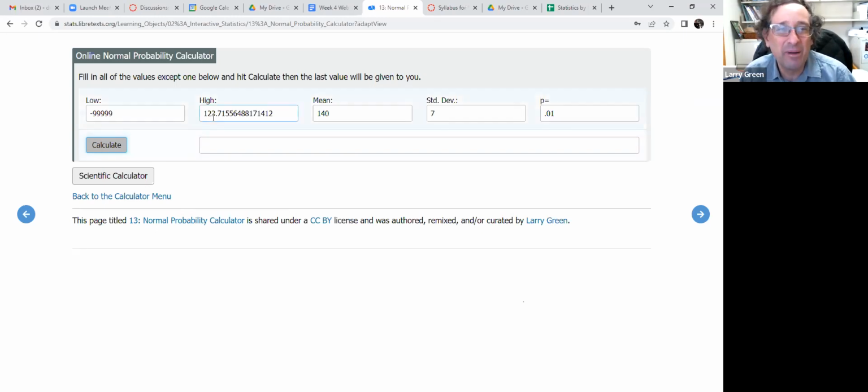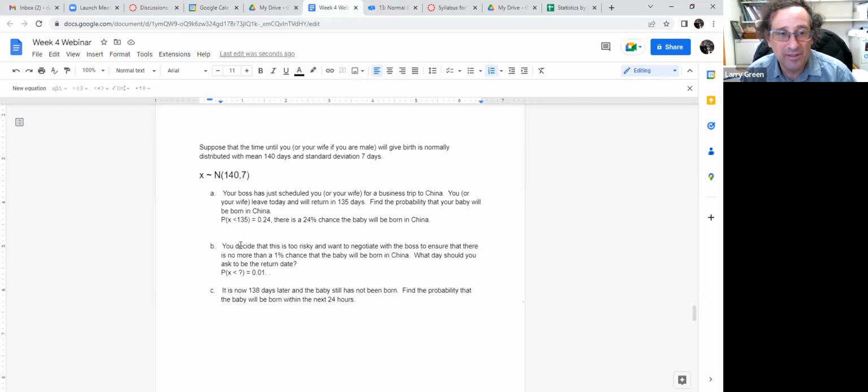So 123 would probably be the negotiating date. They're going to return after 123 days. If you return after 123 days, then you have less than a 1% chance of having the baby in China. Any questions on that idea?